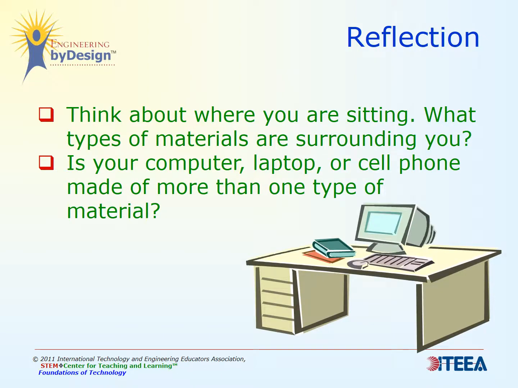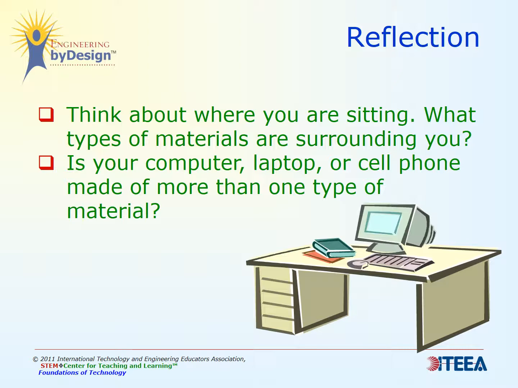Now, what I'd like you to do is to take a few minutes and think about where you're sitting. What types of materials are surrounding you? Now, if you look at your computer or your cell phone, is it made of more than one type of material? Yes, because it's different components.